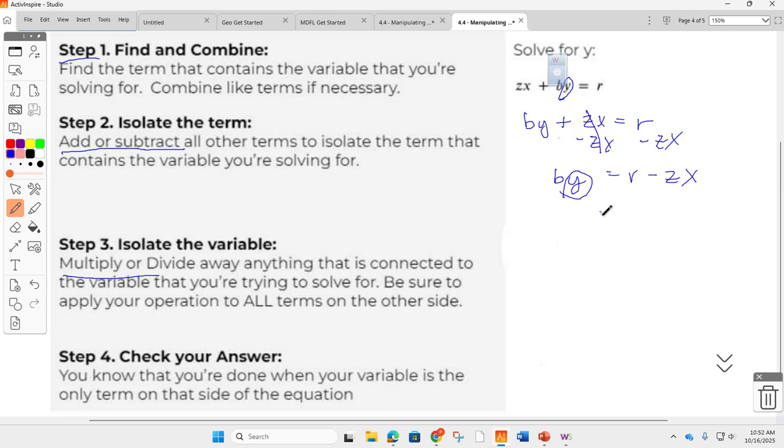So you undo multiplication by dividing, you undo dividing by multiplying. We undo addition by subtracting, and we undo subtraction by adding. So we're going to divide both sides by b. And y equals r minus dx, all divided by b. And we can leave it just like that.